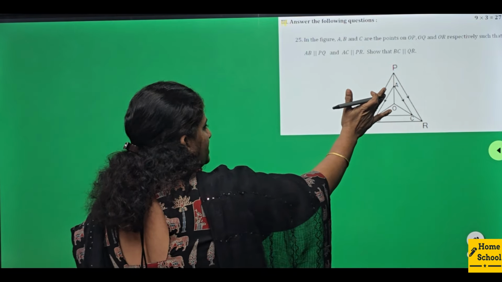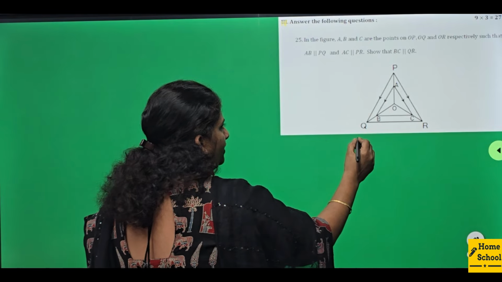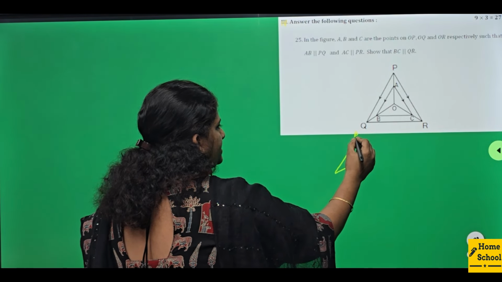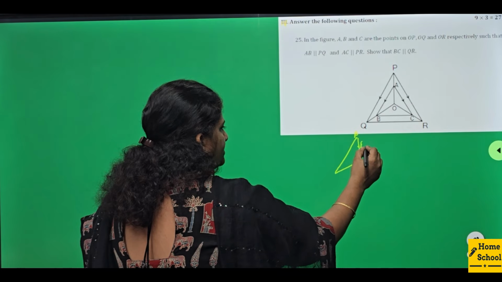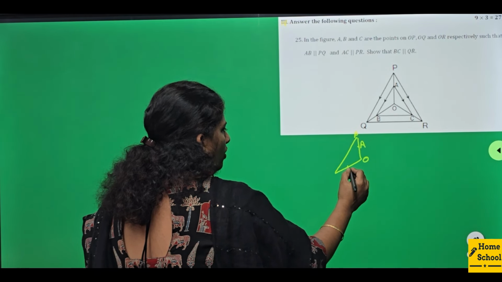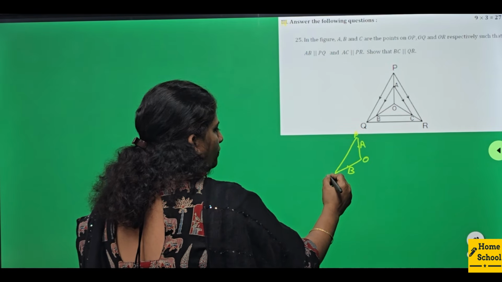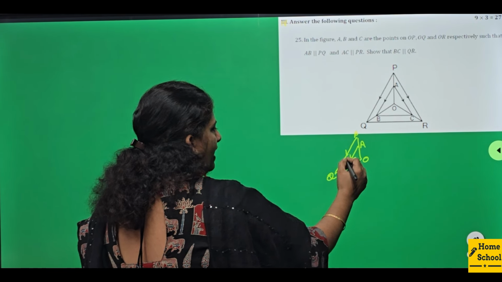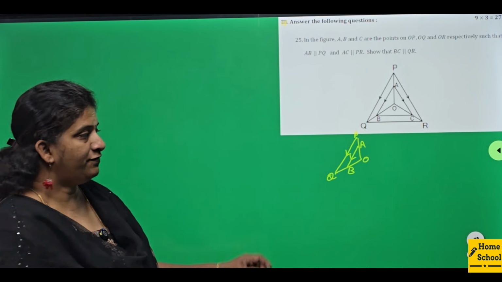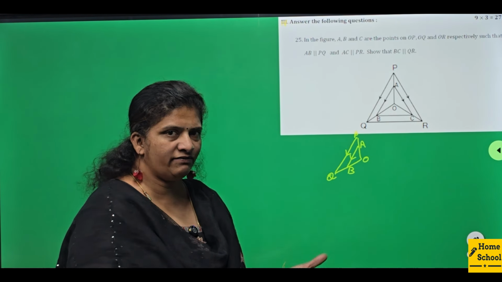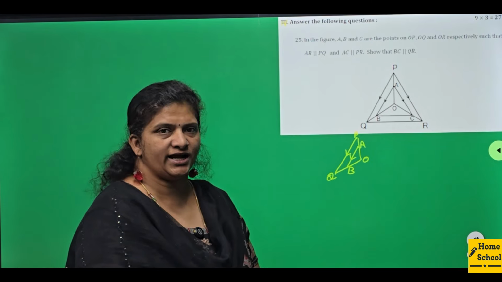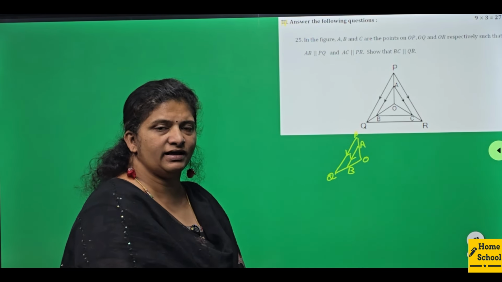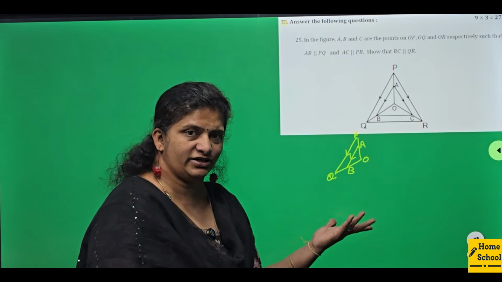First, observe only this part of the triangle. Observe like this. This is P and this is A, O, B, Q. Given AB is parallel to PQ. If you see this type of triangle, immediately we remember the basic proportionality theorem. If a line is parallel to one side of a triangle, then the sides are in equal ratio.